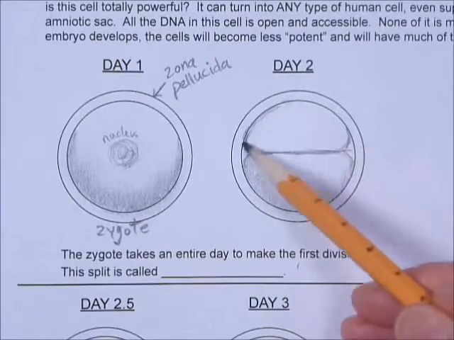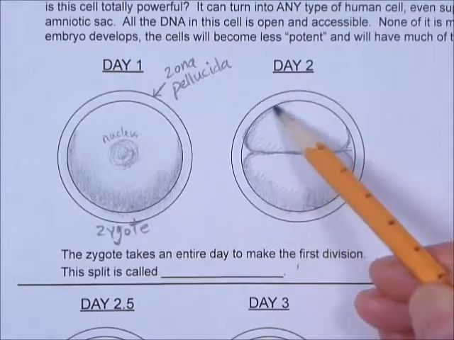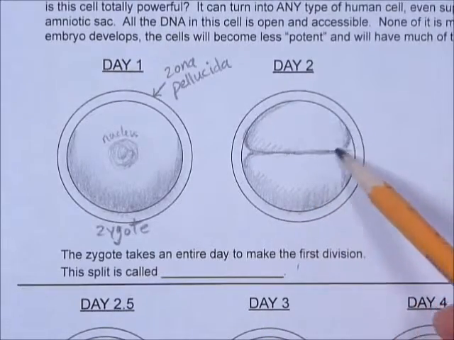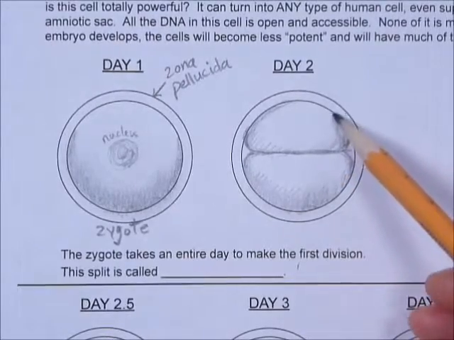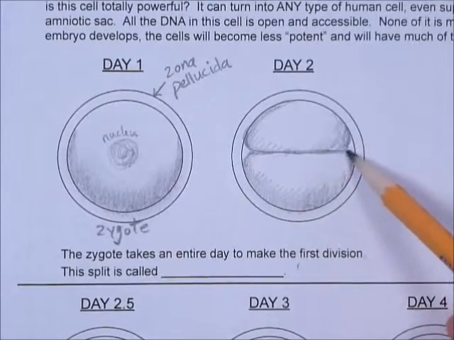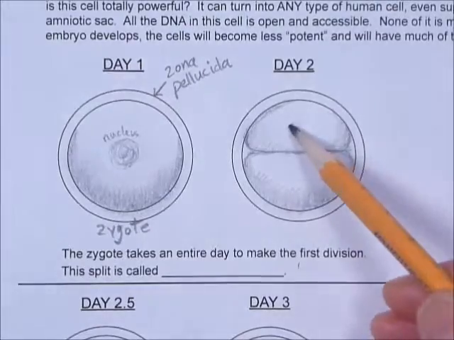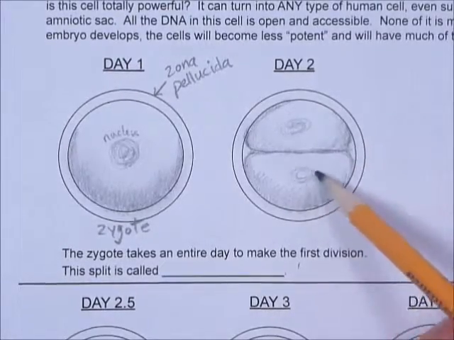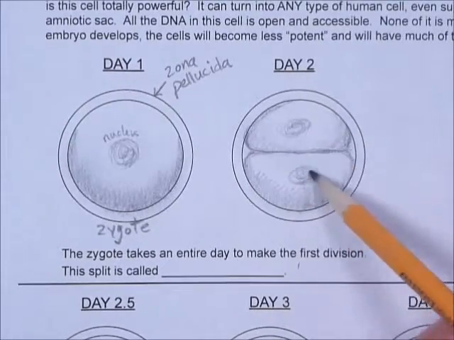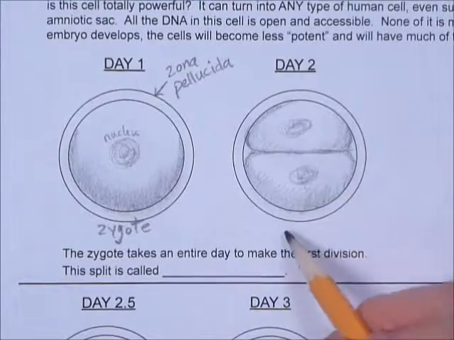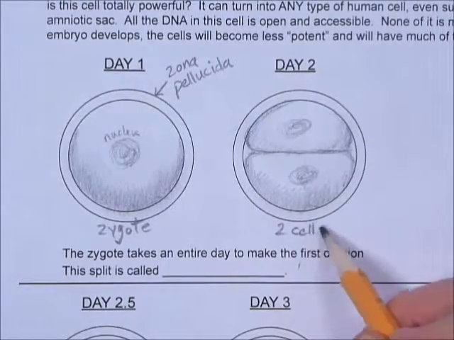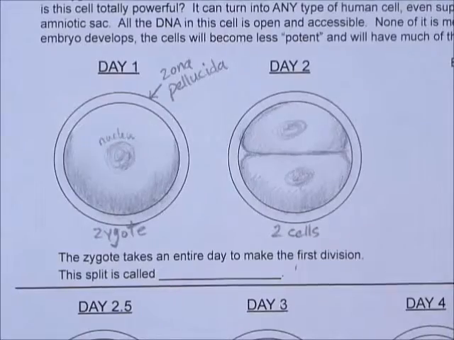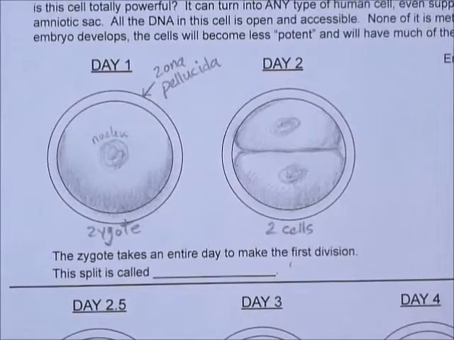On this one, you can shade the top or the underside, or a little bit of both. And if you don't want to shade, it's okay, it'll work all the same. You want to add a nucleus in each. Okay, so now we have 2 cells. And as far as I know, there's no fancy name for this, just the 2-cell stage.